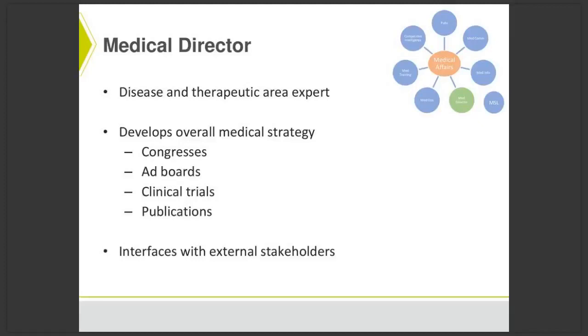They do interface with physicians, not as frequently as an MSL would. They can also give certain presentations at congresses and be heavily involved at certain meetings with KOLs, and again, the ad boards probably being one of the most prominent ones. Overall, the medical director is the head of a specific therapeutic area or disease state and oversees the execution of the majority of the medical affairs plans or activities.